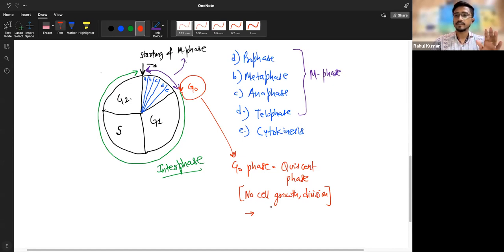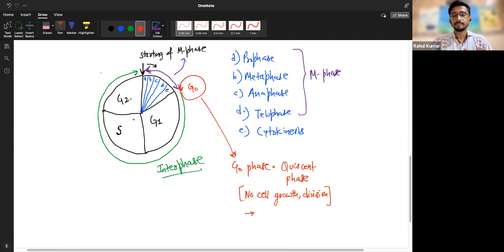Whatever it is, it functions like neurons. They do the job every day. They make you feel things, you can process things, but they are just out of the cell cycle. It's not like they are dead. They are living and carrying out their functions. They are doing everything they are supposed to do, but they just do not grow any further.